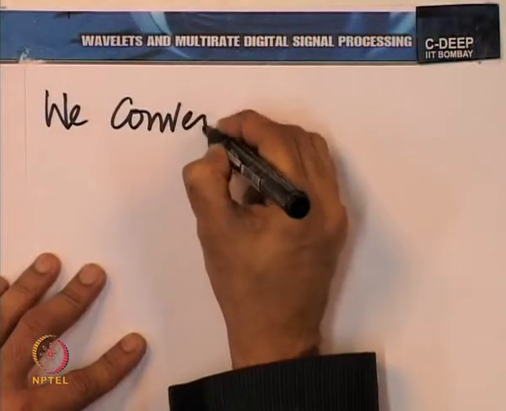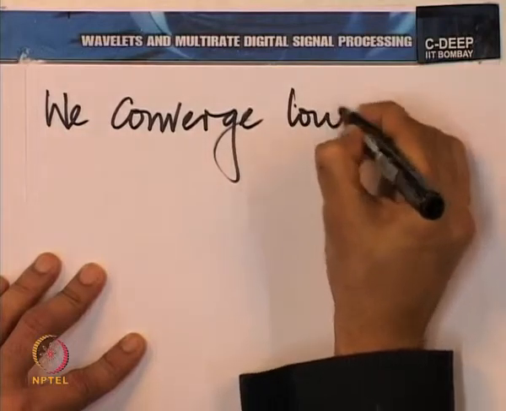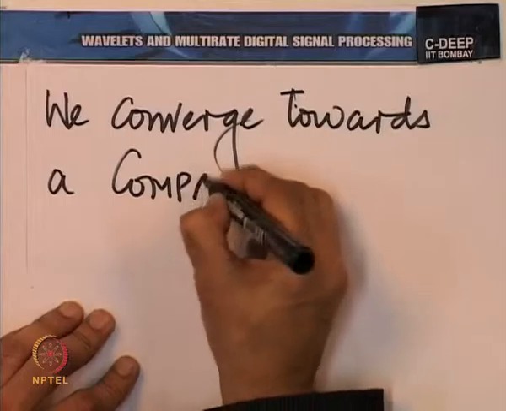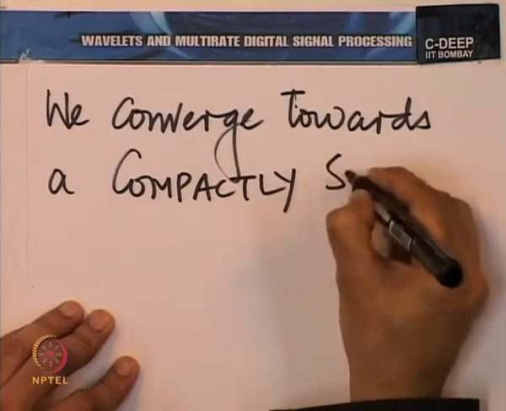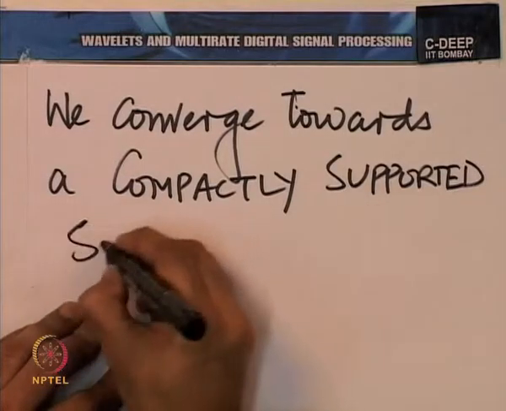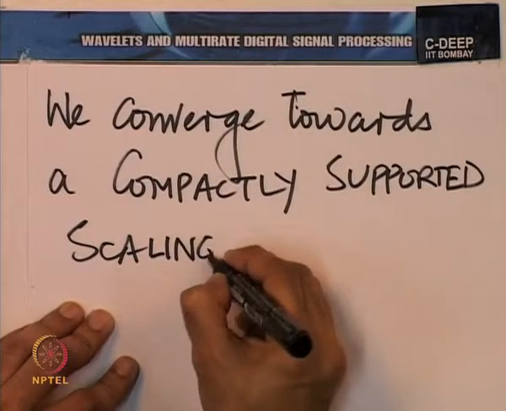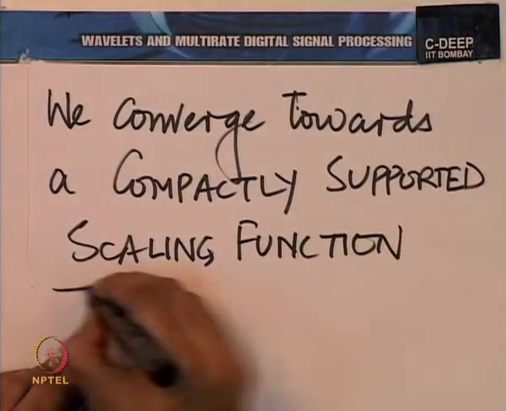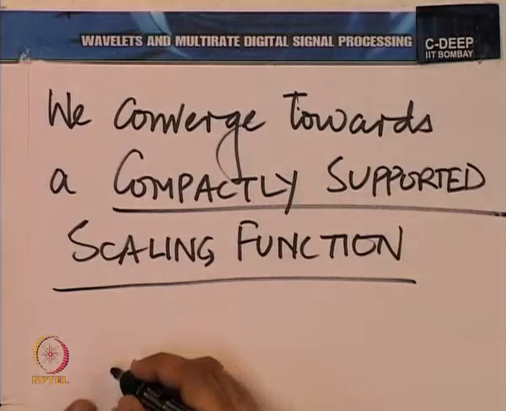This is such an important thing that we should write it down and we should emphasize it. We converge towards a compactly supported scaling function. And what does that mean?